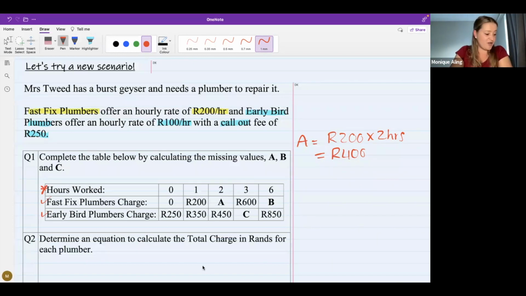Tell me how you got it, not just the answer. Anyone want to tell me how they got their answer for B?